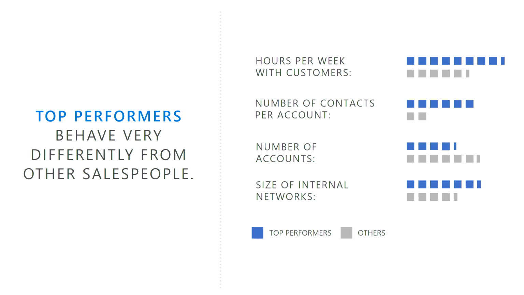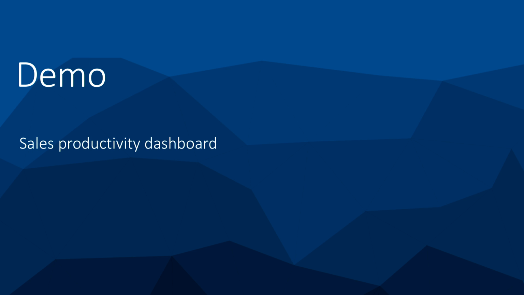Once we defined those, we were able to narrow down a list of key metrics that we felt most differentiated those top performers. And with those in mind, we were able to make an individual level dashboard using Power BI that features those metrics and enables salespeople to track them over time and compare their own performance to that of their peers. And so with that, we'll jump into a demo.